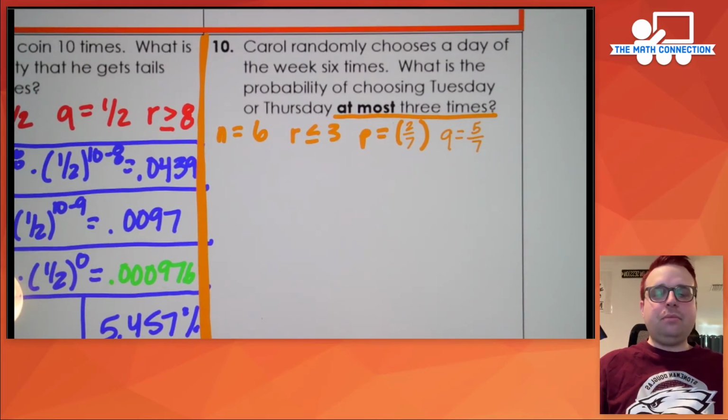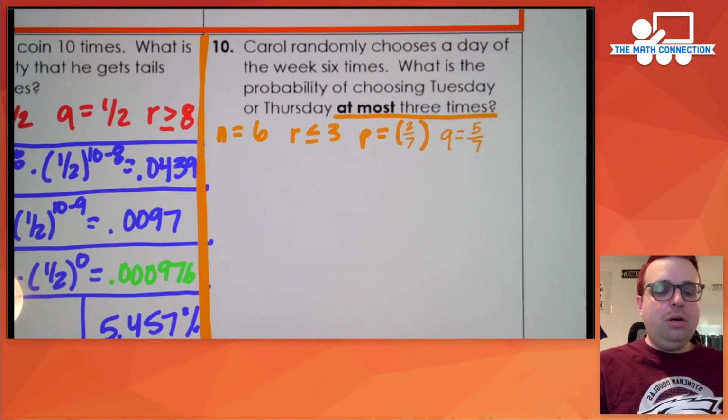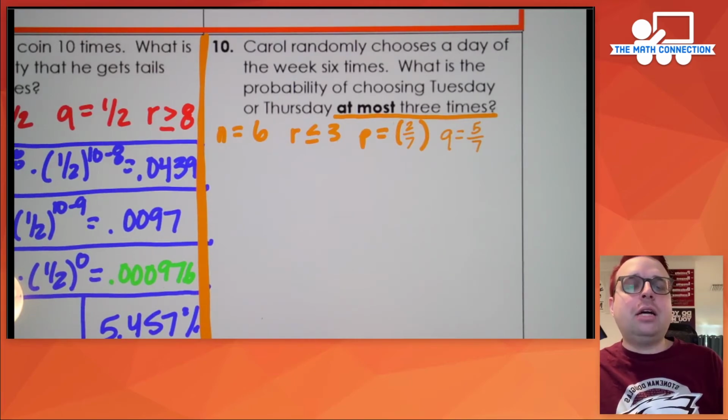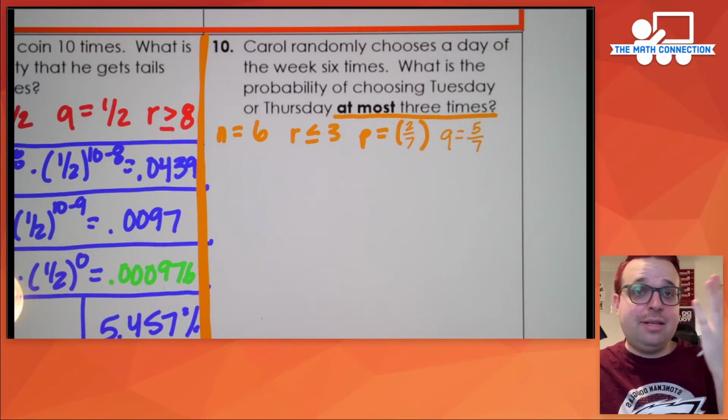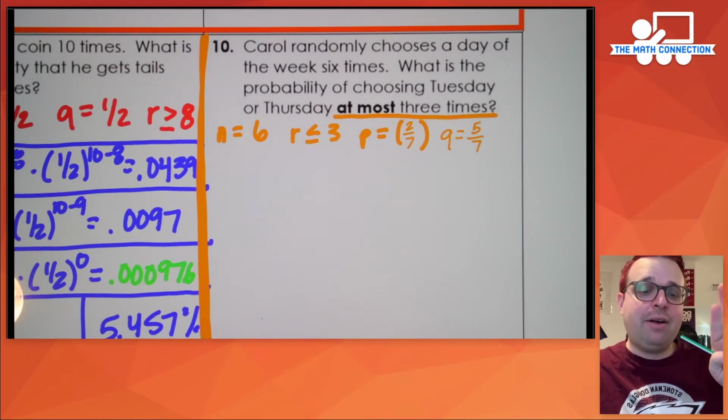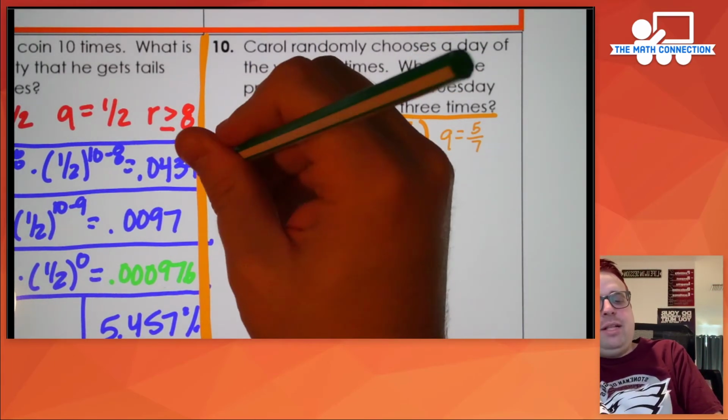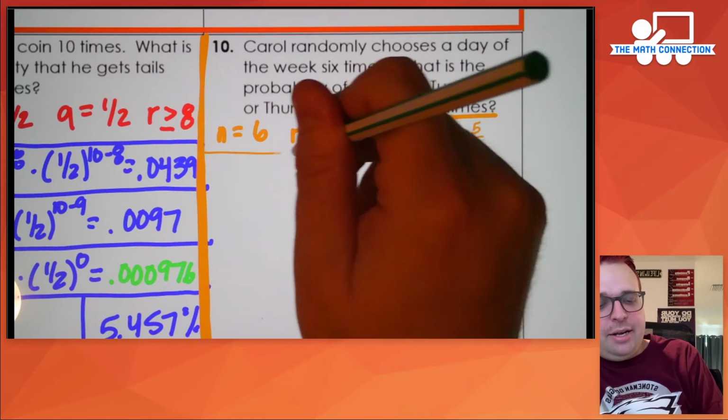All right. So we need to do the combinations for 3 successes, 2 successes, 1 success, and 0 successes. So that's 4 formulas we have to calculate. Let's write them all out. I'm going to put a line here.